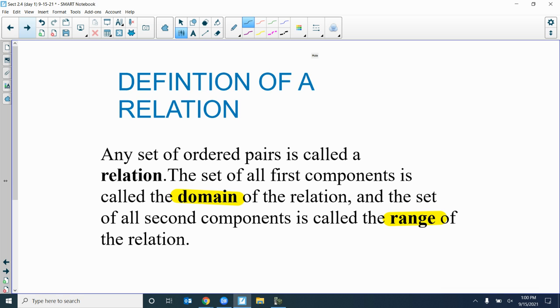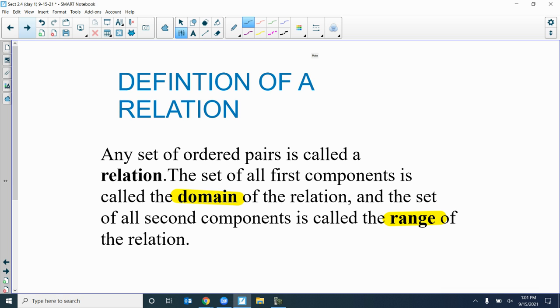The set of all first components is called the domain of the relation. In math, you're used to that being just your x coordinate. And then the set of all second components is called the range of the relation.